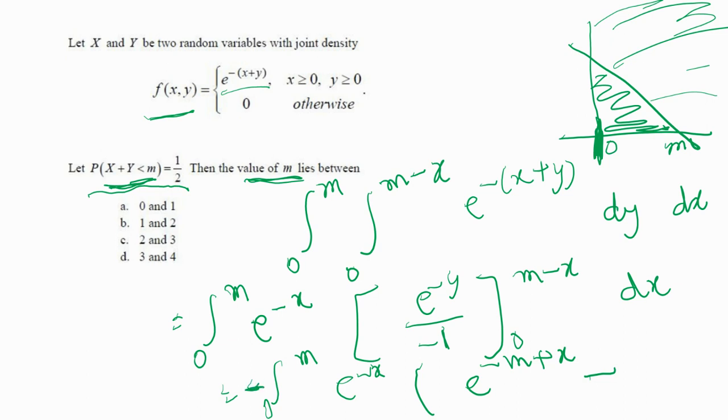This minus, just write it here. And this one is e to the power minus 0, which is 1.